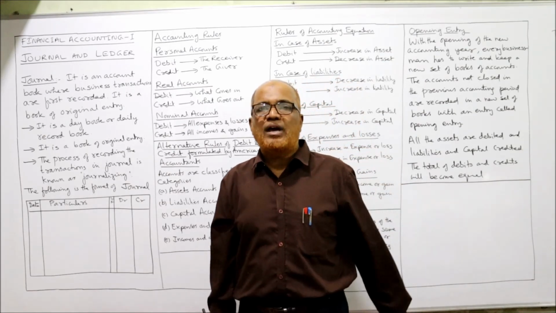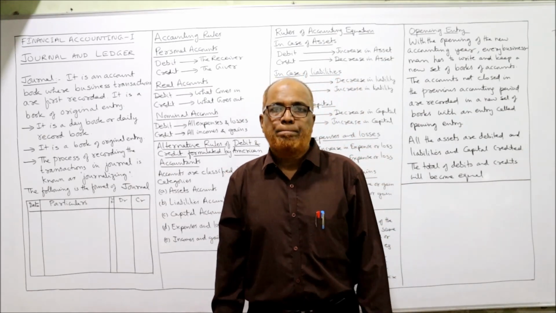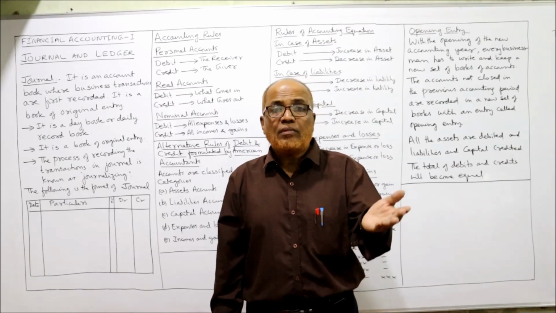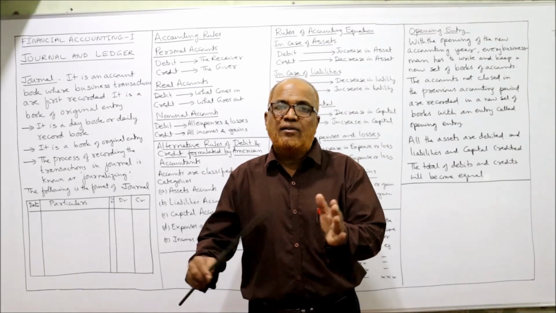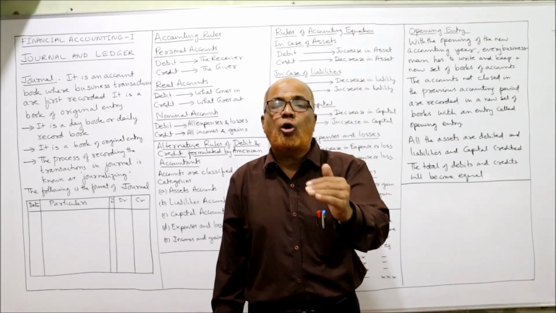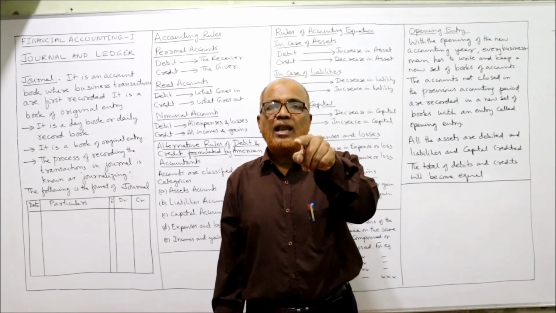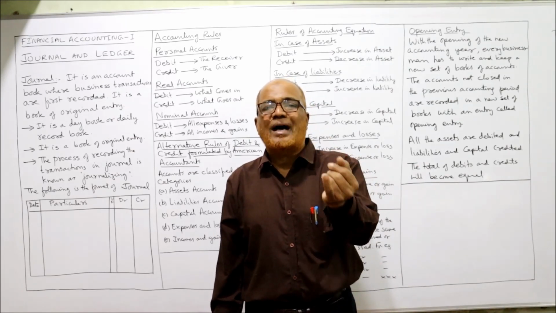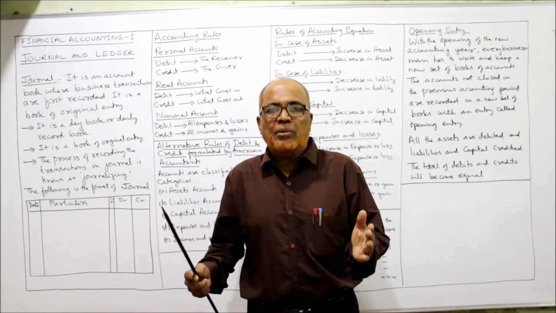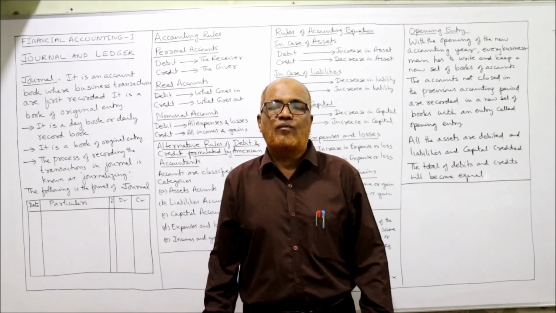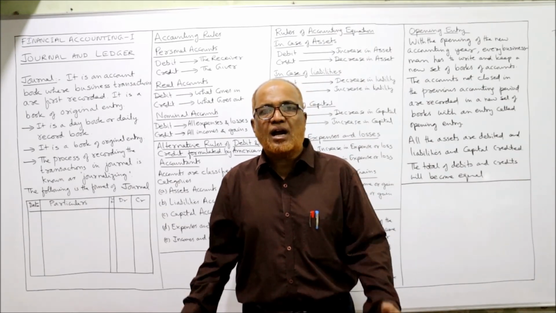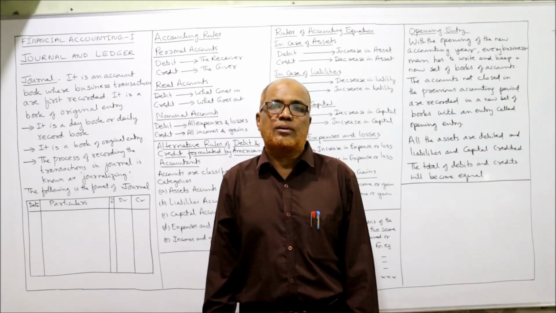Apart from personal account, we have impersonal accounts that are not personal. Impersonal accounts are again divided into real account and nominal account. The real accounts are those accounts relating to assets and properties, like machinery account, equipment account, furniture account. These accounts are called real accounts.